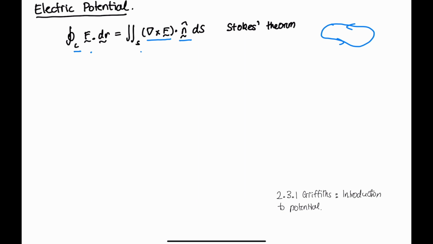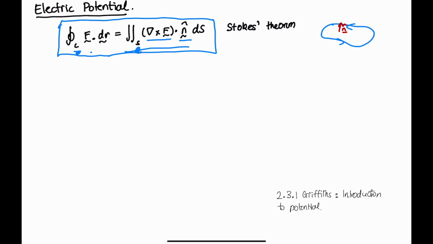So that's going to be perpendicular to that surface, the direction of the normal there. So it's telling us that the integral around the boundary of that path is equal to this integral over the same surface, so this has to be the boundary around this surface here.